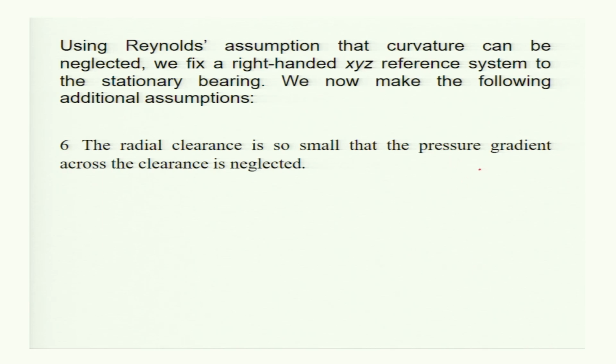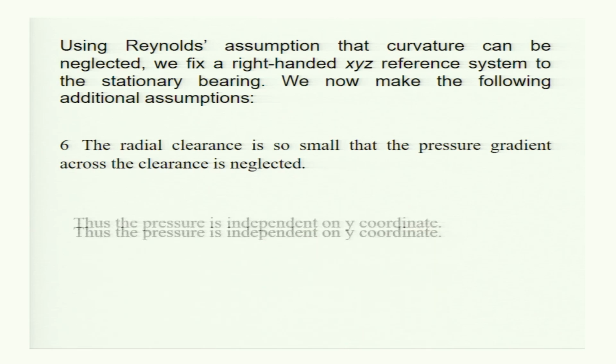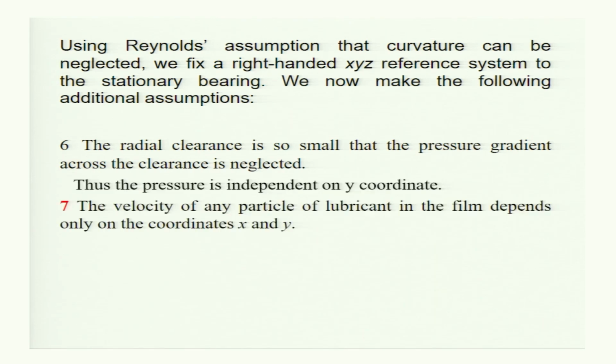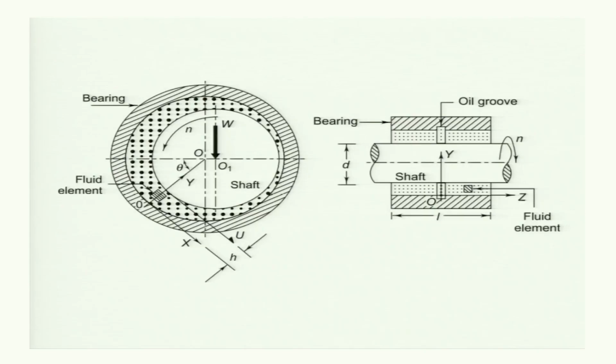Along the radial direction, along the thickness of the lubricant, the pressure variation is neglected because of its very small size. Thus, the pressure is independent of the y coordinate. The velocity of any particle of lubricant in the film depends only on the coordinates x and y.